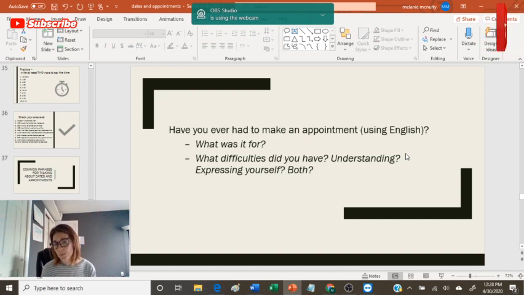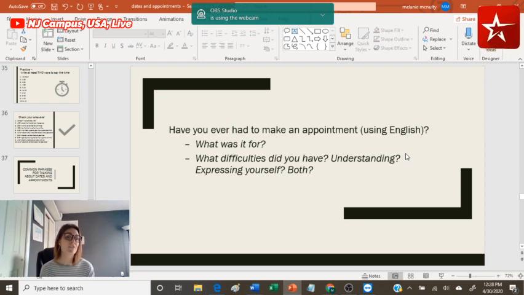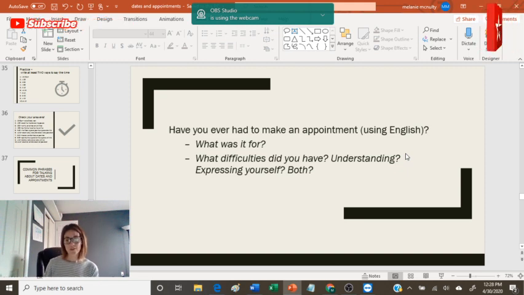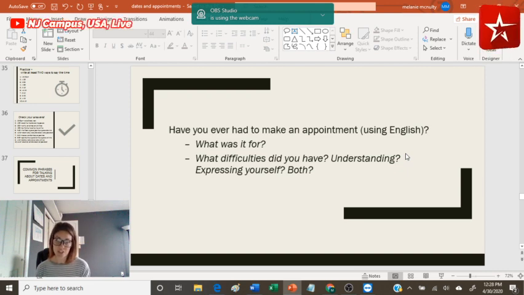Because I think it could be pretty scary if you have to make an appointment, especially if it's something important like for a doctor and you have to speak English. Okay, so we have to make sure we understand the phrases that other people might use in English, and also so that we can express ourselves so they understand us. Both are very important.